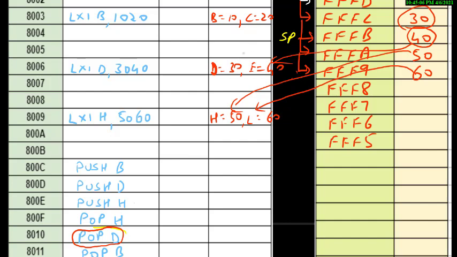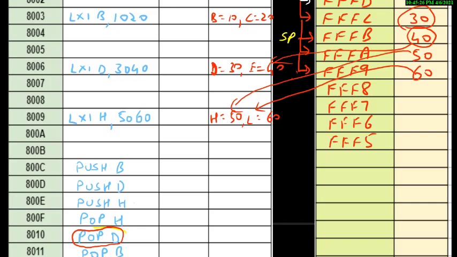So this goes on. The difference with pop is that when the pop instruction is executed, the data at the stack pointer is stored and the stack pointer is incremented. The data at the next location is again stored into the higher order register, and the stack pointer is incremented again.